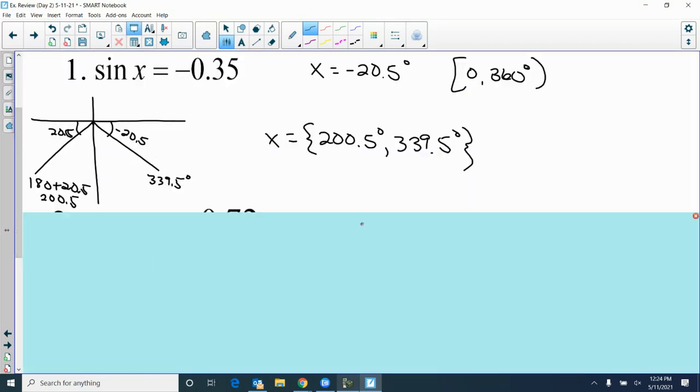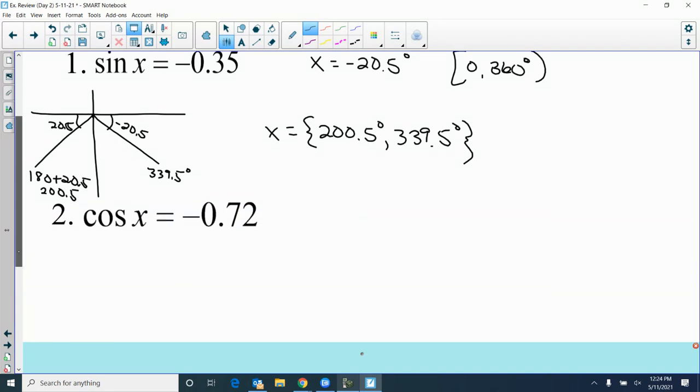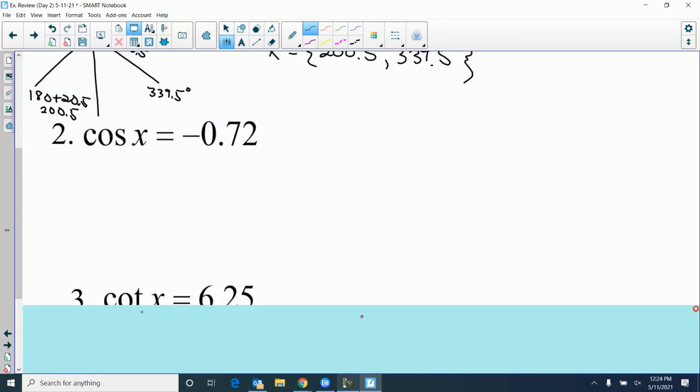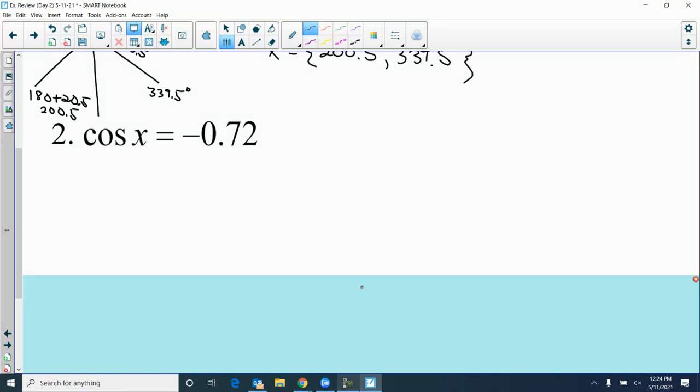Let's see something. In quadrant 2. And quadrant 3.